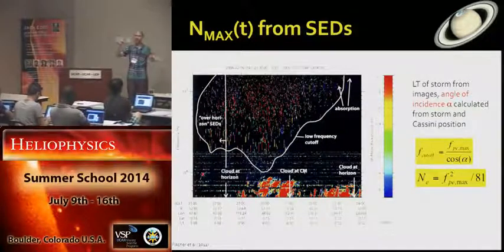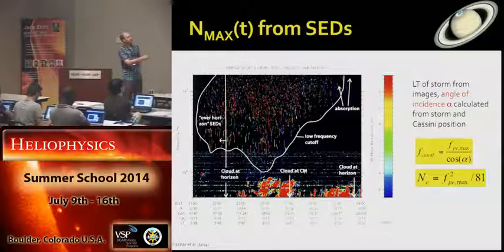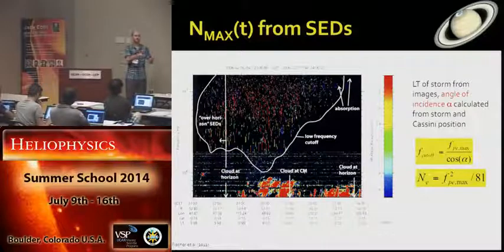And so you can figure out which part of the ionosphere is transited by those radio waves. That's the angle of incidence alpha that I mentioned here. You can use that to very simply derive the peak electron density in that intervening ionosphere. And then eventually you do this enough times, and you'll have a diurnal trend in electron density, in peak electron density.